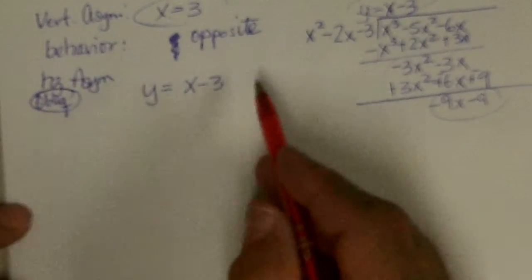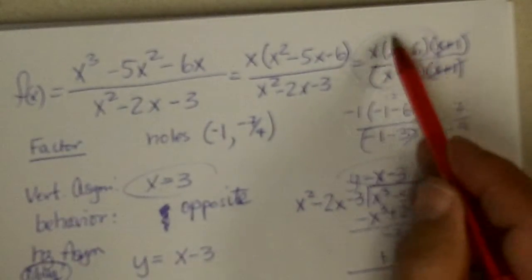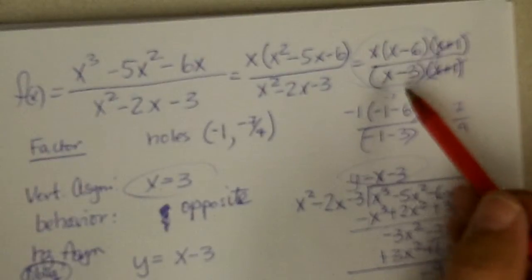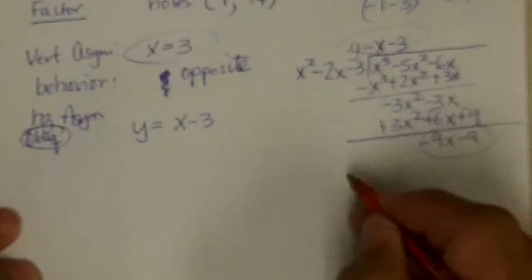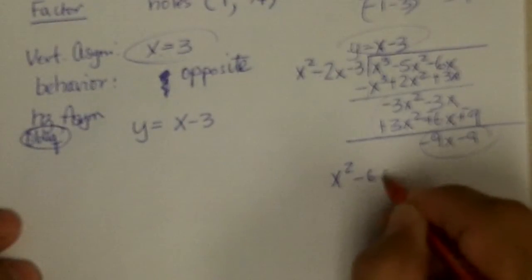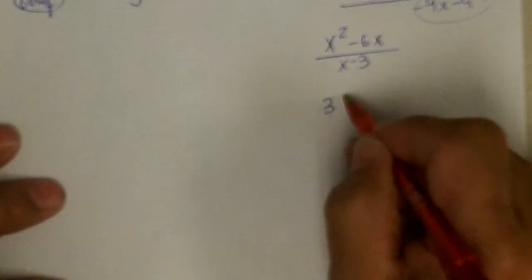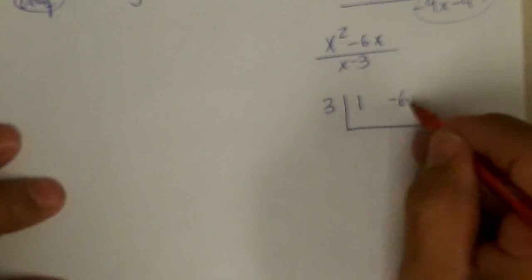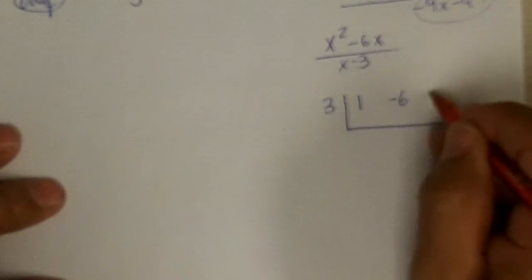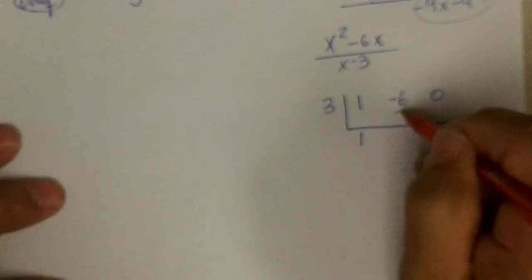Okay. Now, since this was reduced to this one, I could have used synthetic division on this one and got the same answer. Let me show you that. So this would have been x squared minus 6x over x minus 3. So I'd want to put in 3 into 1, x squared minus 6x plus 0 for the constant. 1 brought down times 3 is 3.